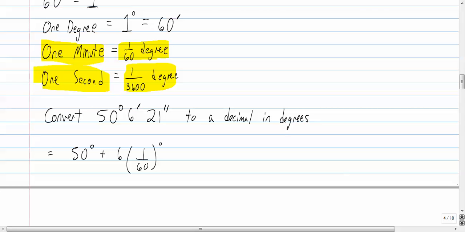Okay, and that is going to be 6 over 60, which is 1/10 or 0.1. Okay, and I'll write that down in the next step. So plus the next part is converting seconds over to degrees. So that's going to be 21 seconds times 1 second, which is 1/3600th of a degree.